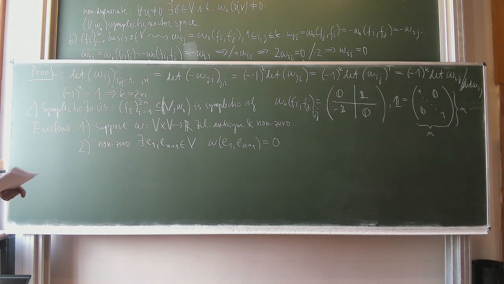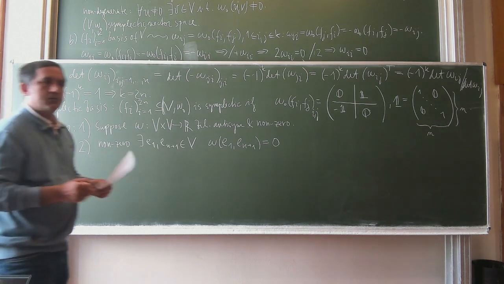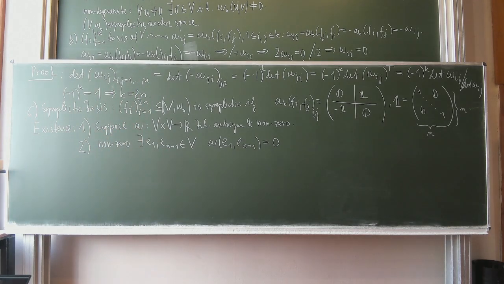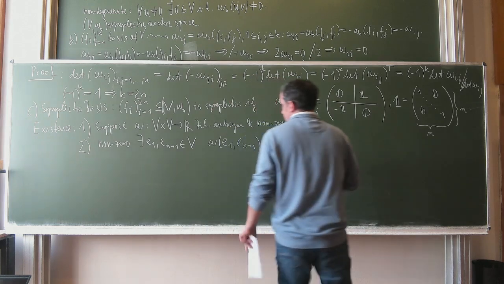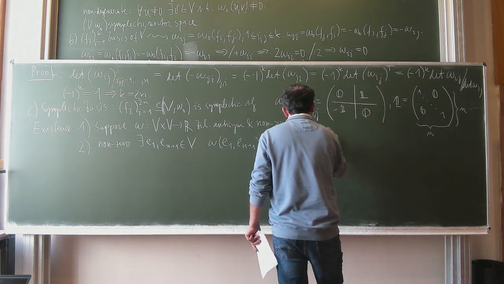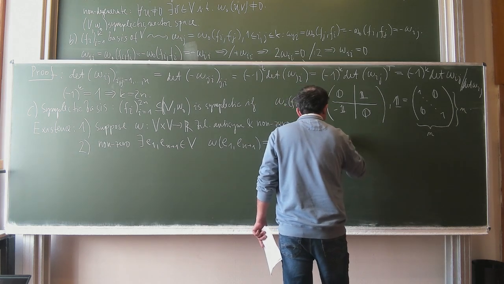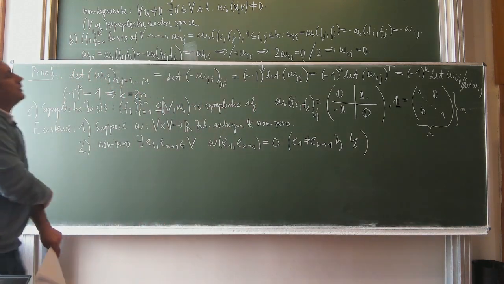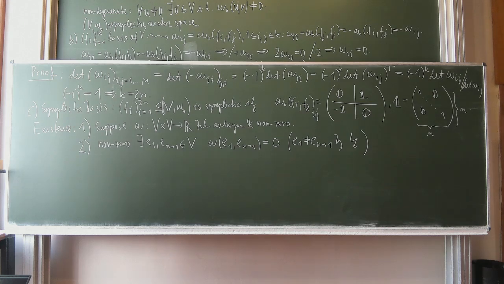If there exists one vector only, let's say E, then omega(E,E) is minus omega(E,E), thus omega(E,E) would be 0. So there must be two distinct vectors for which omega is non-zero. So E1 is not equal to E_{n+1}, by contradiction.